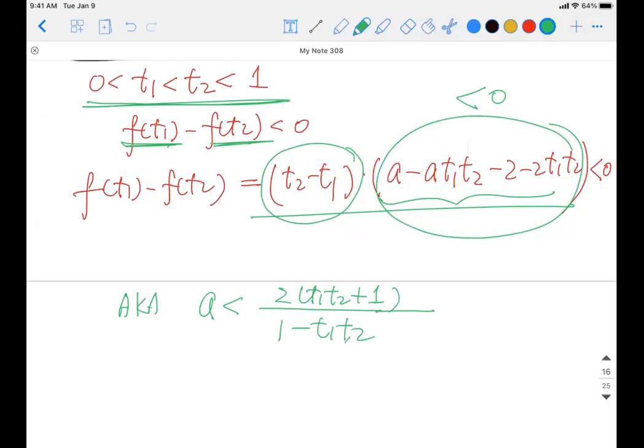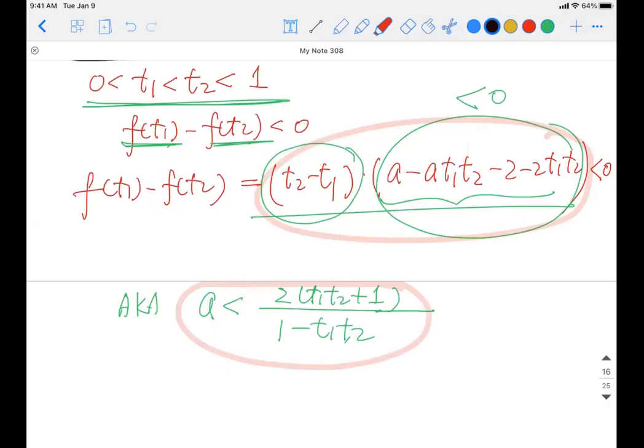However, what does the question ask you? The question is asking what is the range for a to make sure this guy is an increasing function. AKA, what is the range for a to make sure this guy is always valid? If I want to make sure the range of a is such that this guy is always valid, who can tell me what the common approach is?